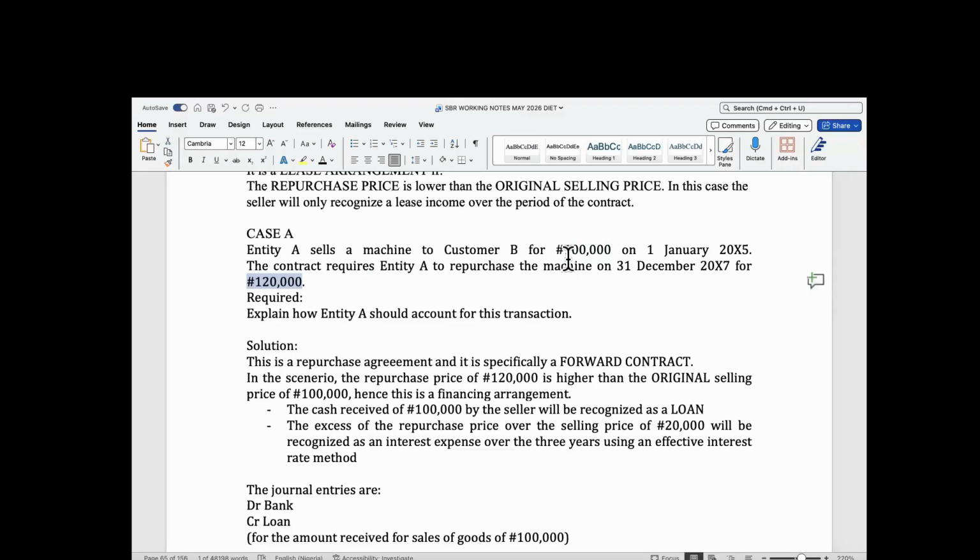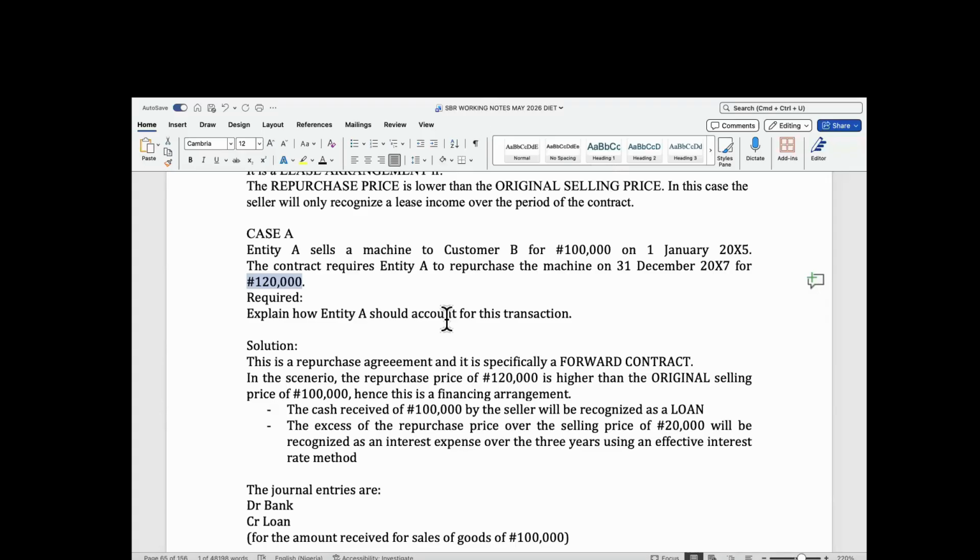So this clearly is a financing arrangement. So that 100,000 that you collected will be treated as a loan. The 120K is like the repayment of the loan. The excess of 20 is the interest. That will be recognized as interest.